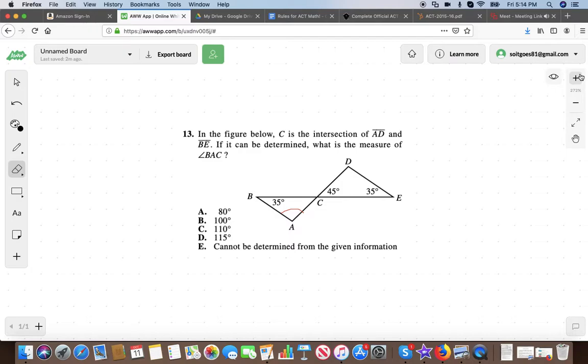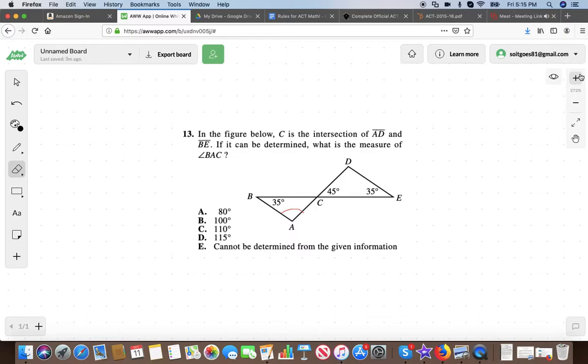I would guess 100 as well. It's just a tad bigger than 90. Maybe 100, maybe like 105 or something like that. Something around there. Yeah, around 100 is pretty good.